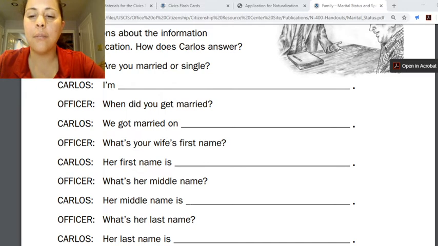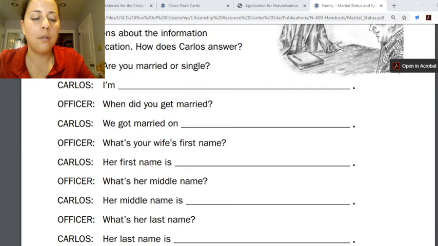Officer: What's her middle name? Carlos: Her middle name is Elena.